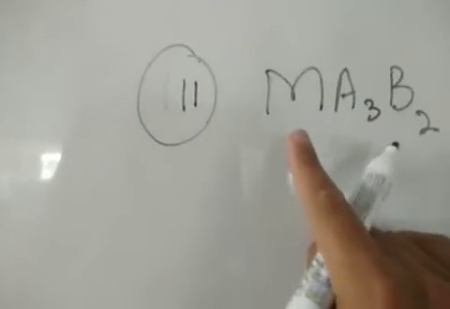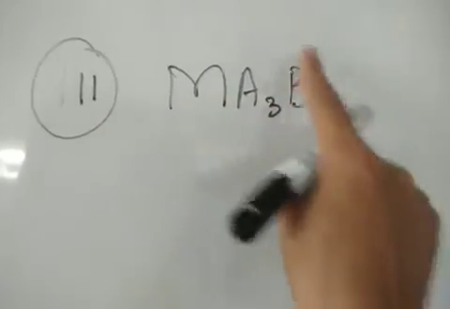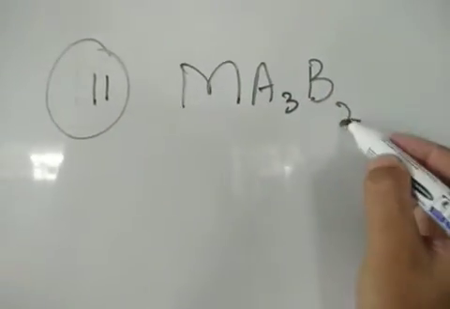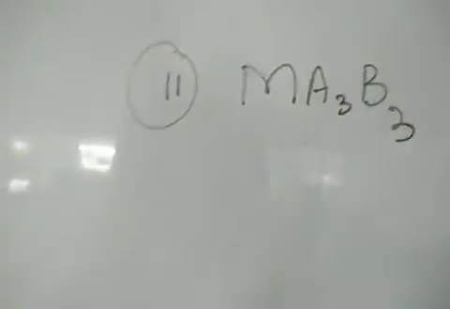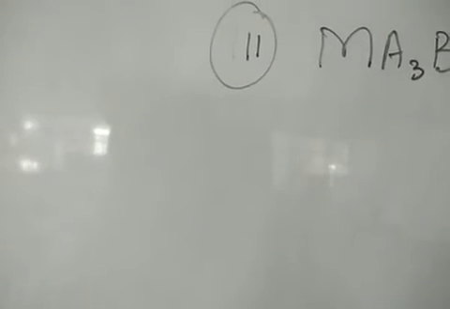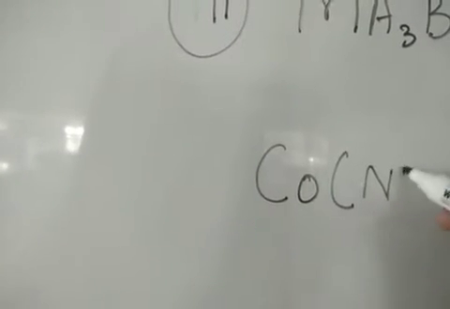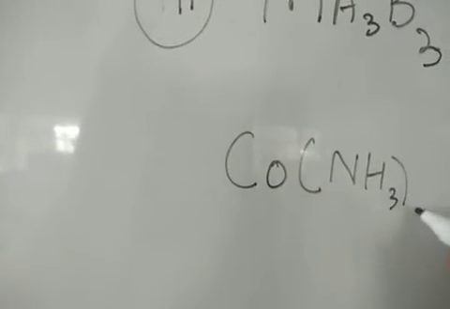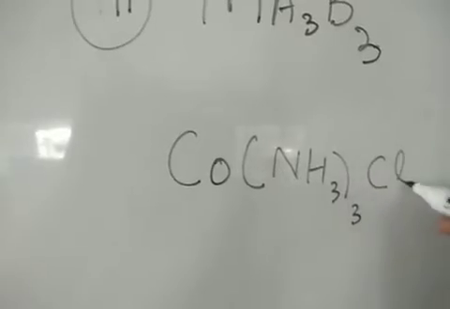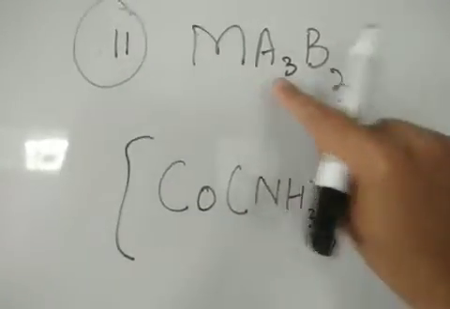That means सेंट्रल मिड लाइन के पास there are two types of ligands, A के 3 होंगे और B के 3. So this is B3. So it makes a total of 6, an octahedral complex. Example: cobalt, ammine 3, and then chloride 3. So this is your octahedral complex of the type Ma3B3.